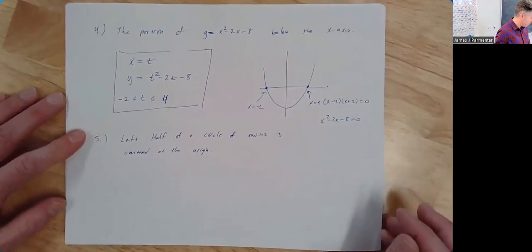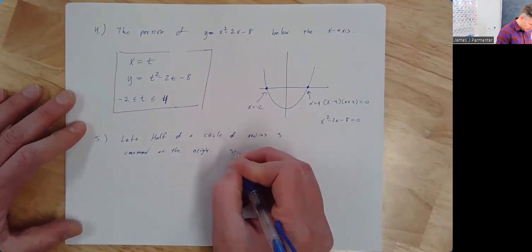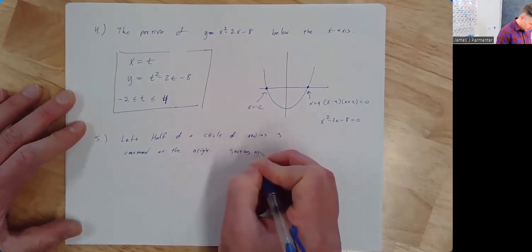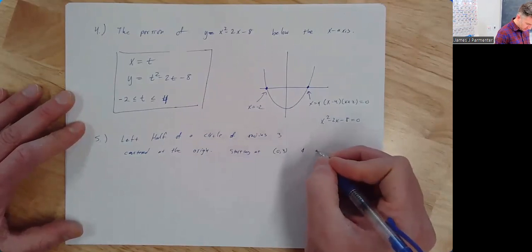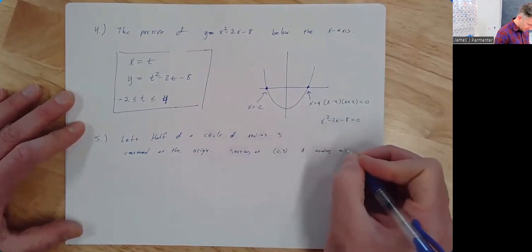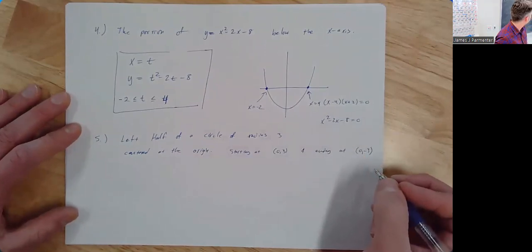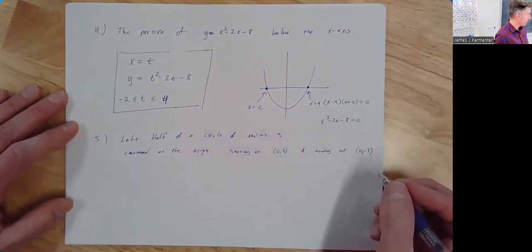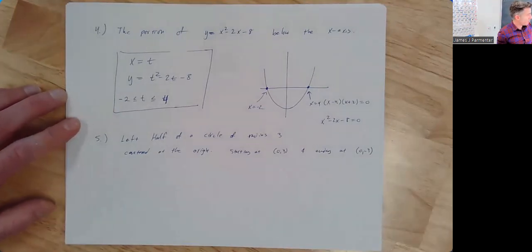Also, we're going to describe the direction as well, starting at the point 0, 3 and ending at 0, -3. The only way you could go if it's the left half of the circle is by going counterclockwise.